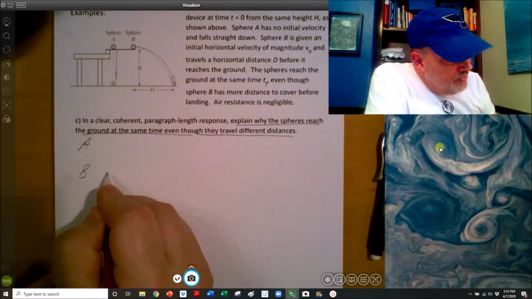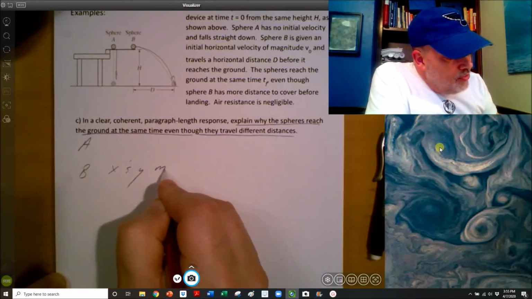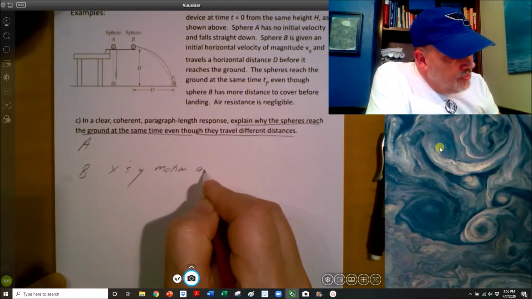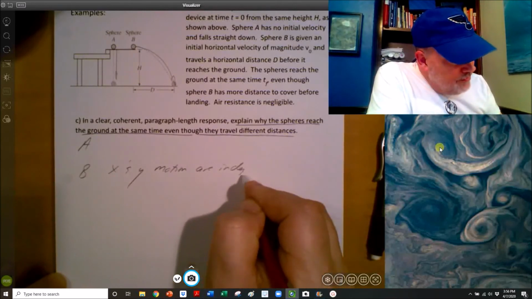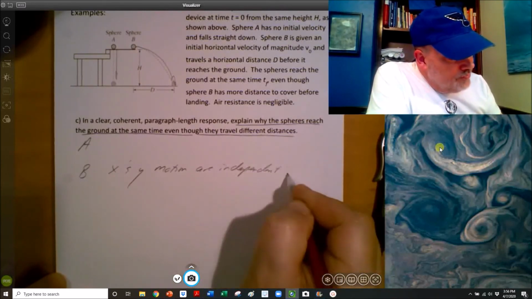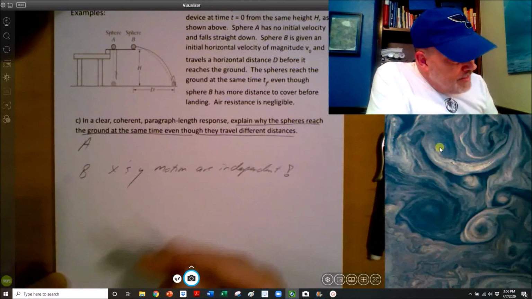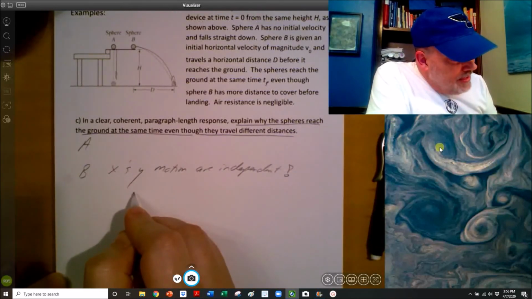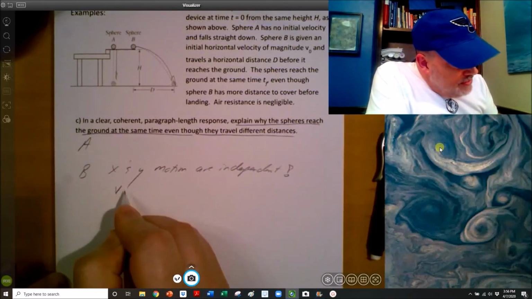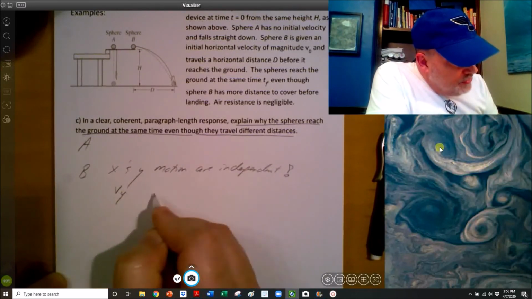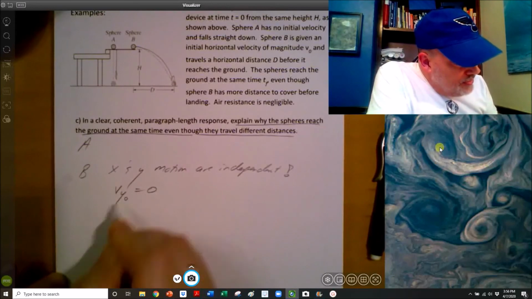Well, first of all, our basic physics is that the x and y motion are independent. And the second thing is that the initial y velocity, y initial, equals 0.